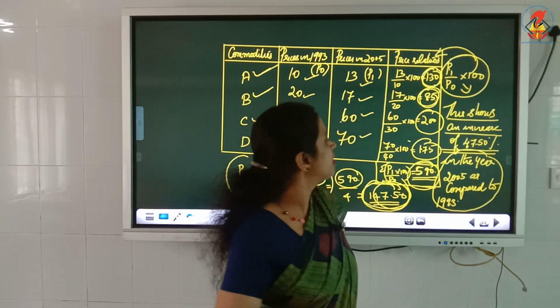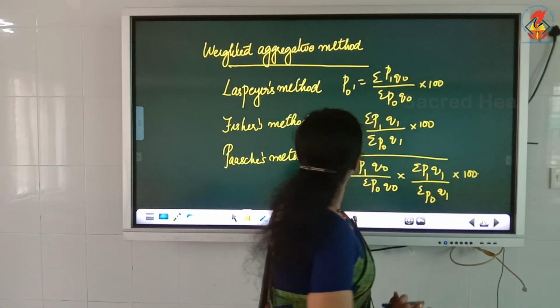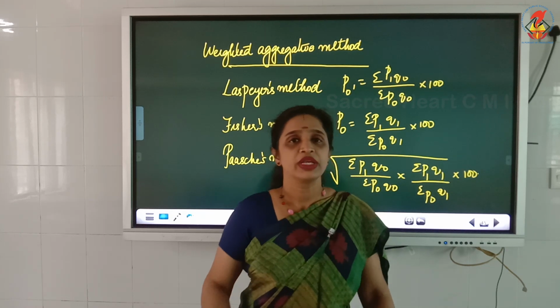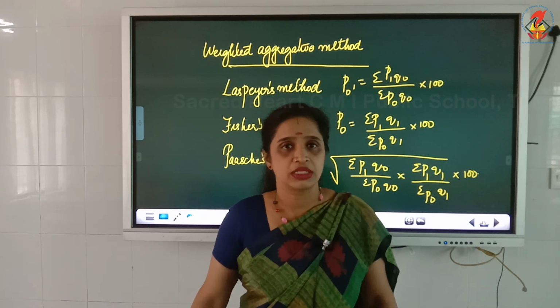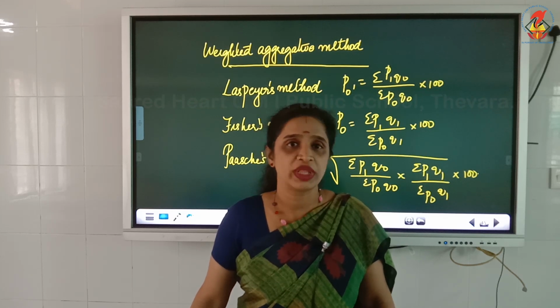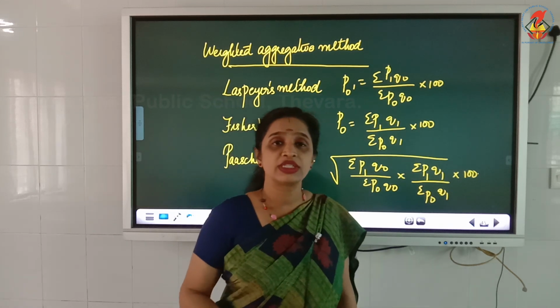Okay. Now, we will move on to the next one, the weighted index number. Now, in the weighted index number, the quantity also will be added along with the price. Now, the weighted index number has two methods.